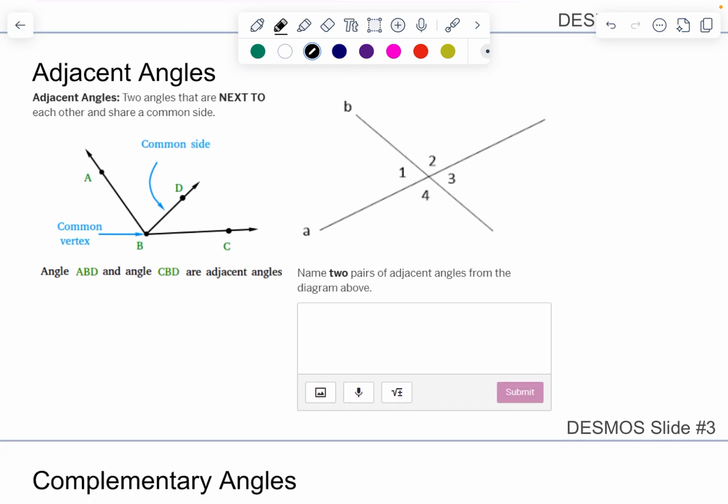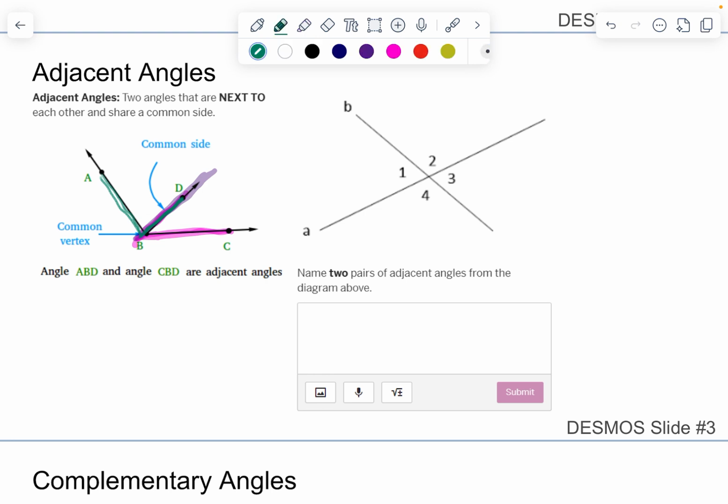Adjacent angles are angles that have a common vertex and they share a side. So you can see here the angle ABD and angle CBD. Those two angles are sitting right beside each other, and they have this common vertex right here. BD is the common side.